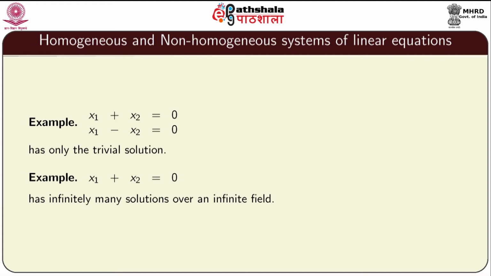That is also not difficult to see, because x1 plus x2 is equal to 0 implies that x2 is equal to minus x1, and therefore, if the field is infinite, then we have infinitely many choices for x1 and therefore x2.